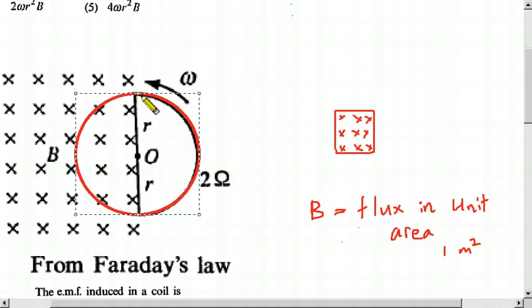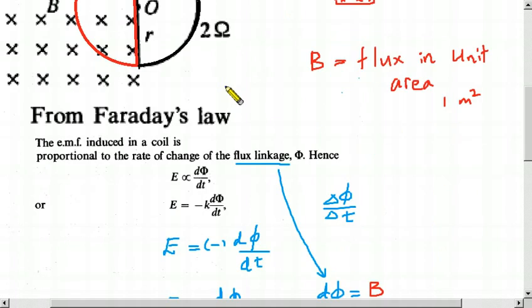So the area is going to be this red one. Right, this is the area we have to take into account. That means the area in this equation.